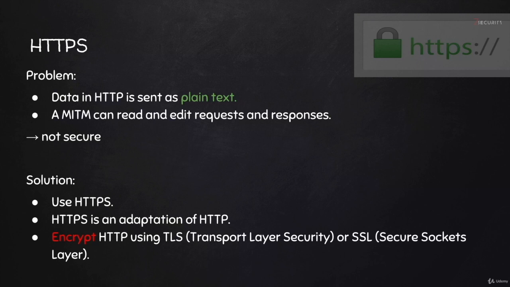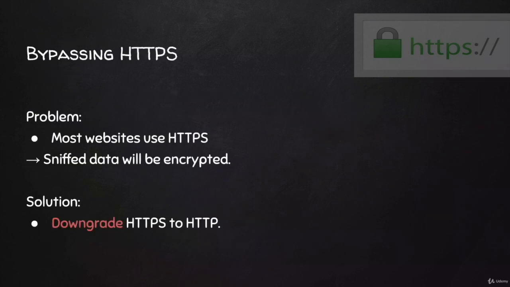Therefore, in order to bypass this, the easiest method is to downgrade HTTPS connections to HTTP. So, since we're the man in the middle, we can check if the target is requesting an HTTPS website, and instead of giving him the HTTPS version of that website, we will give him the HTTP version.